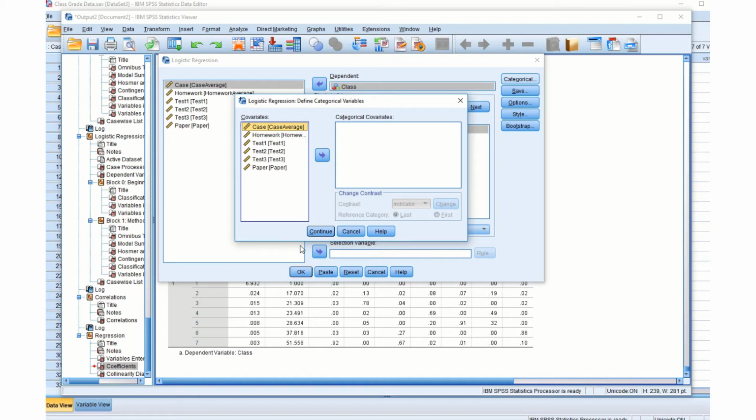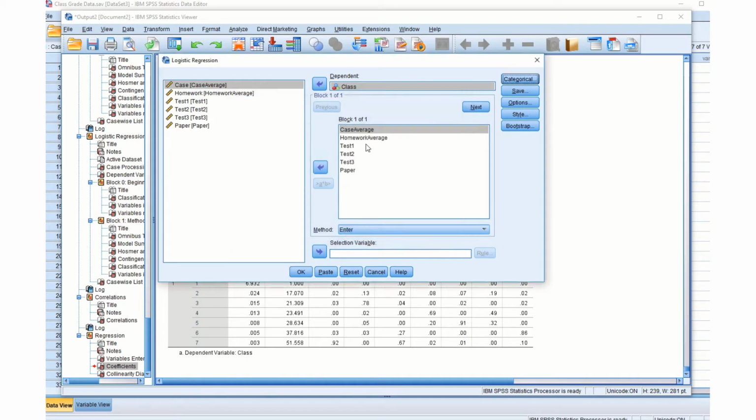Anyways, we do not have any categorical covariates. All of ours are metric, and we think these independent variables predict which classification a student should be placed in, either the A, B group or the C or below group. So that's what we're going to do there.